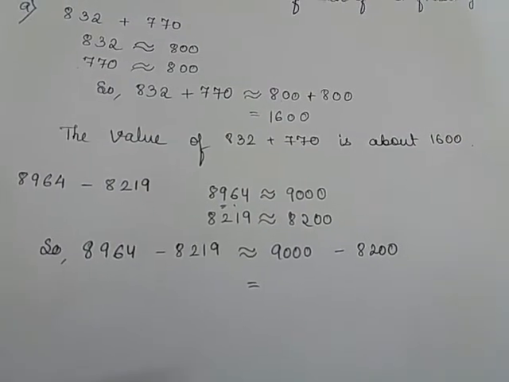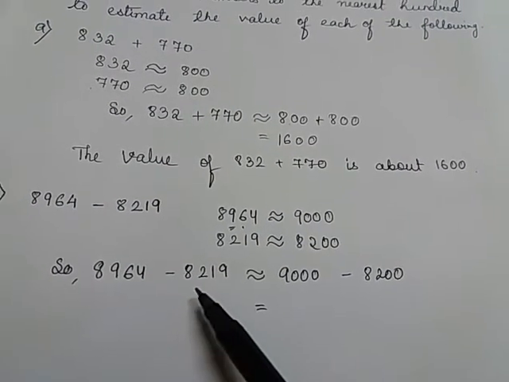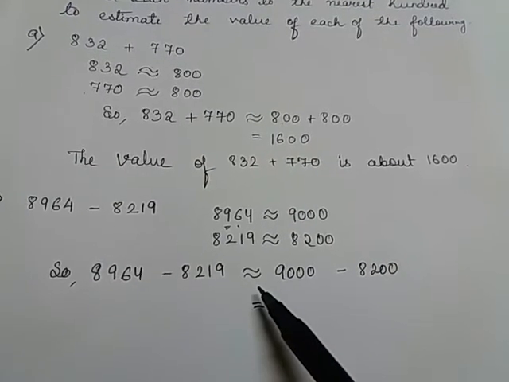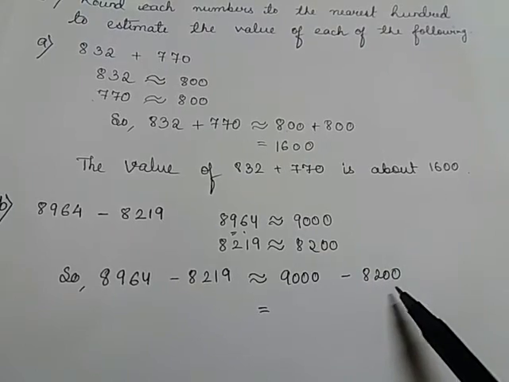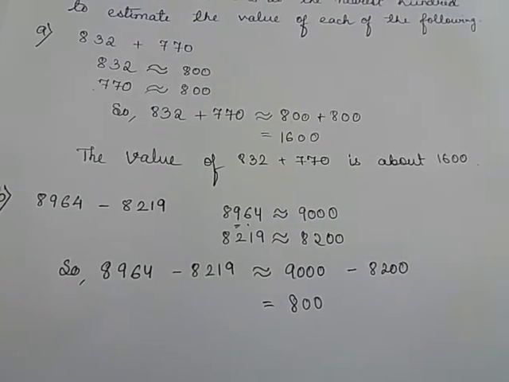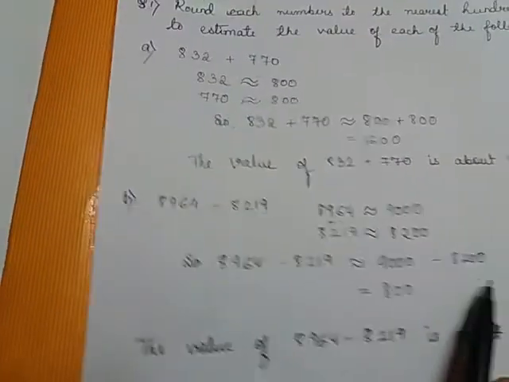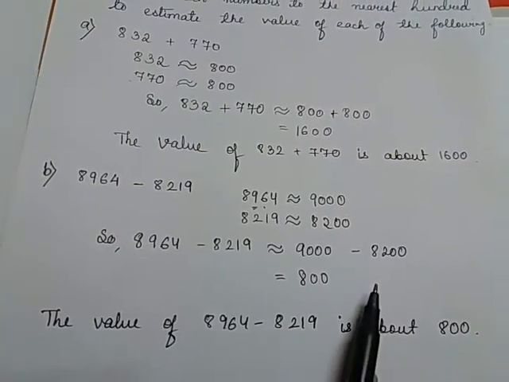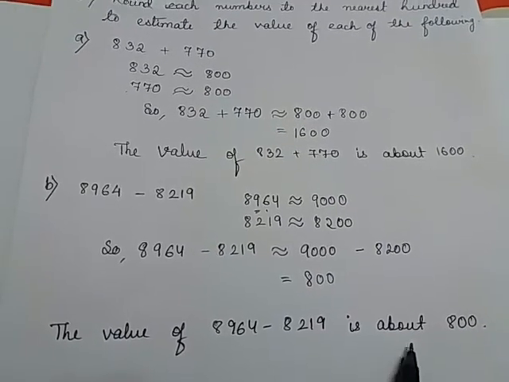Then we can say that 8964 minus 8219 is approximately equal to 9000 minus 8200, which is equal to 800. So our answer will be: the value of 8964 minus 8219 is about 800.